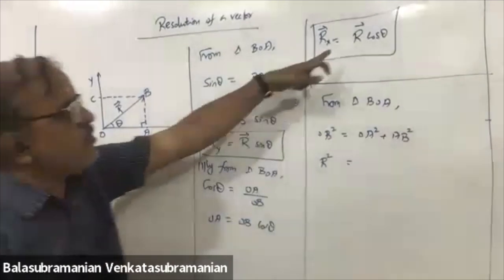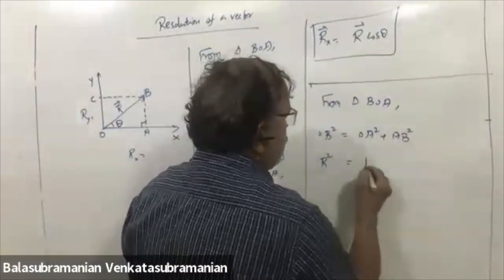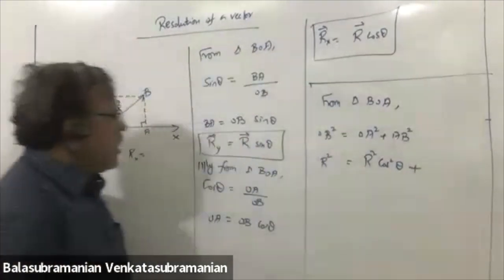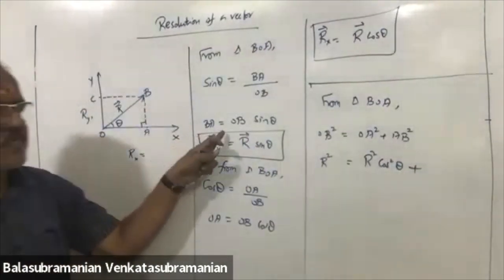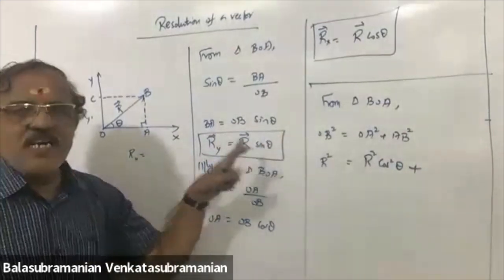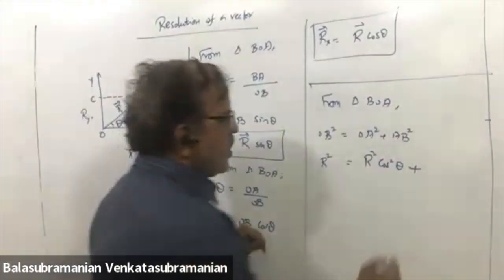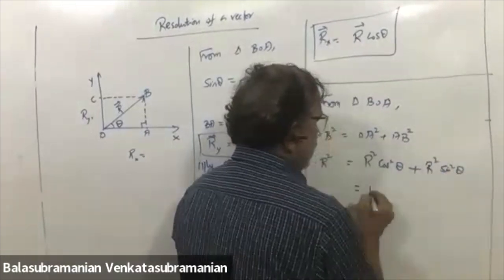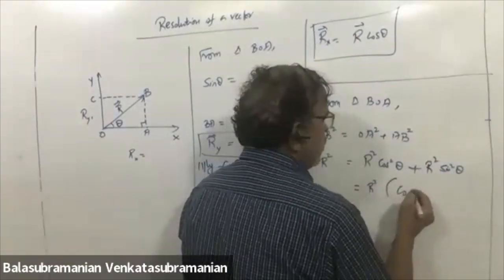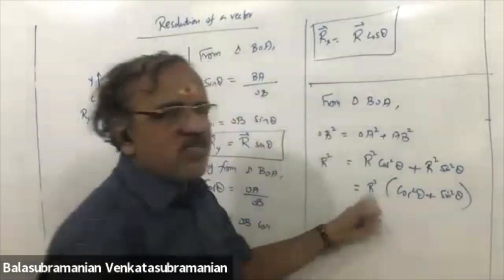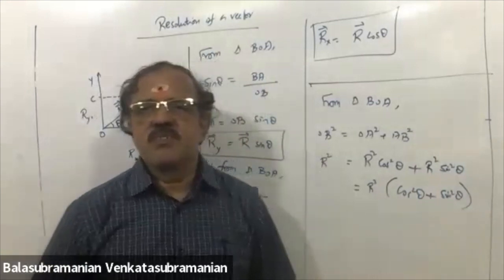OA is nothing but R cos theta, so R square cos square theta. AB is OB sin theta, that is R sin theta, so R square sin square theta. So I can take R square outside: cos square theta plus sin square theta. Value is not changed. Same value.